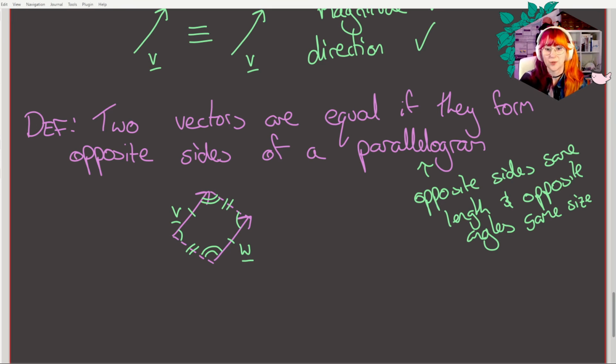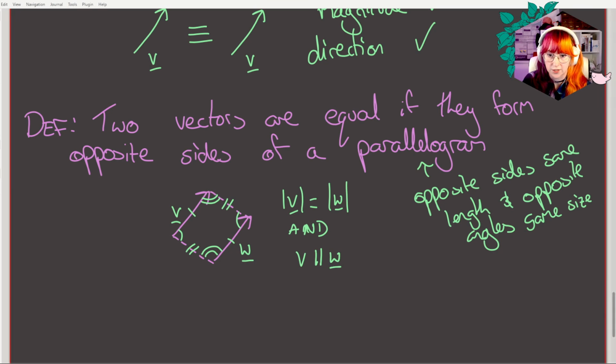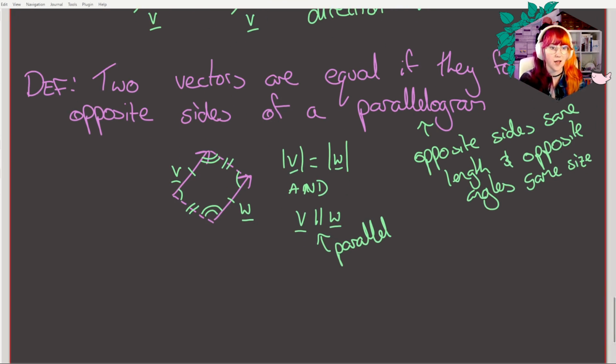And in order for that to happen, the size of v has to be the same as the size of w, and v must be parallel to w. So parallel there.